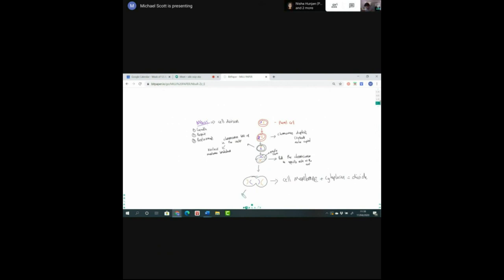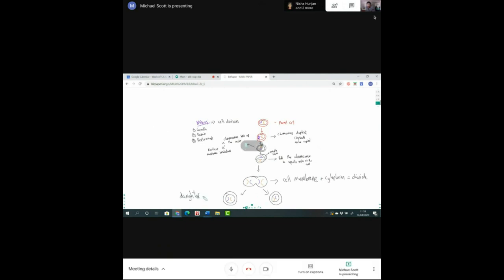And what we end up with are two cells, and the nucleus has now developed. Hopefully you guys can see this, but what we actually end up with are two cells that we call daughter cells.